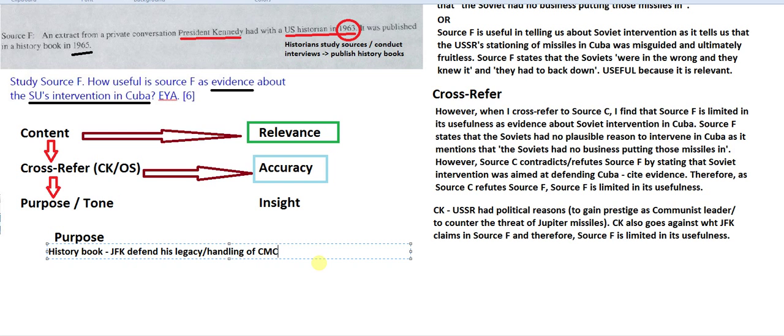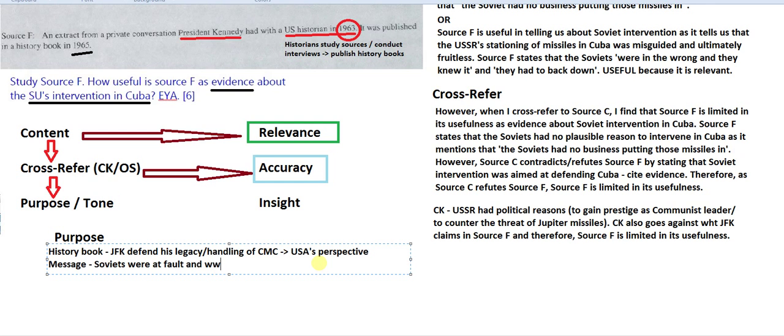And also what he does is to give the USA's perspective. So it's a limited perspective already. So this is the purpose. And you need to further explain why he said what he had to say. And what did he say? That would fall under message. Basically what he said was that the Soviets were at fault.